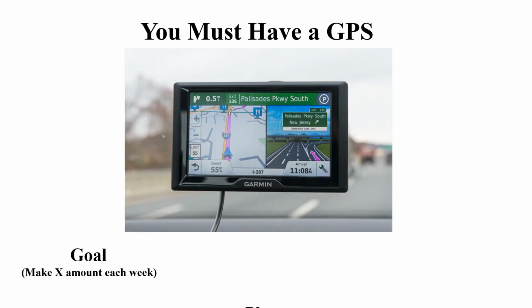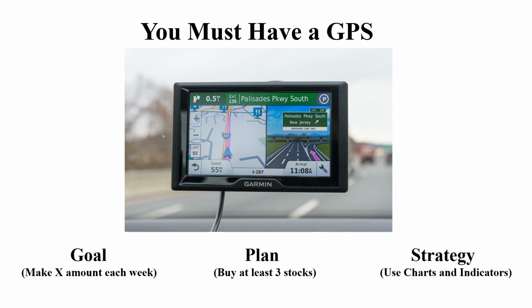So after you've done all that, now you've got what I call your GPS. You know, I told you earlier that these indicators are kind of like a speedometer, but you can also use them as a GPS when it comes to using your technical analysis. Your GPS stands for goal, plan, and strategy. You've got to have a goal, you've got to have a plan, and you've got to have a strategy.